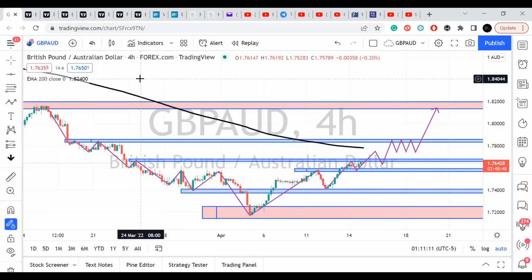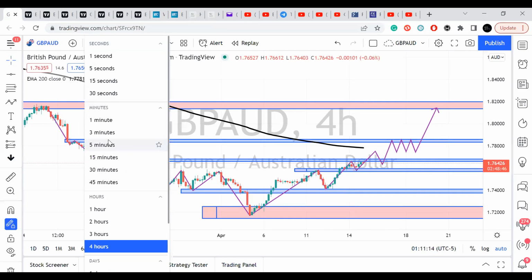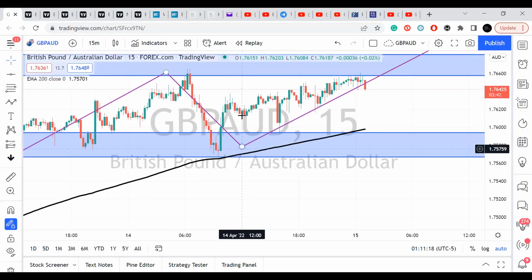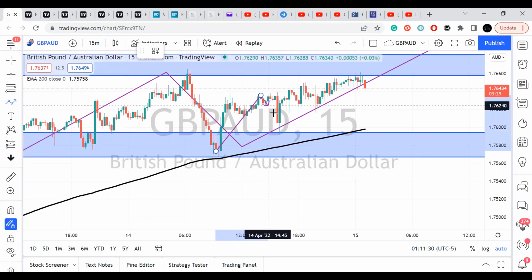This is our low. So let's go to the 15 minutes chart. Let's see what's going on there. So this is our current structure now. On this 15 minutes chart, there's no two candles here. We have these two candles here. We have this low. We have this high confirmation.